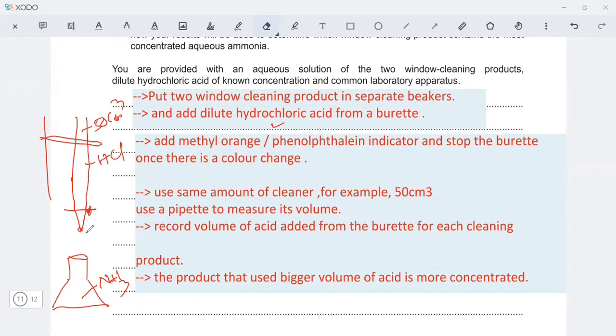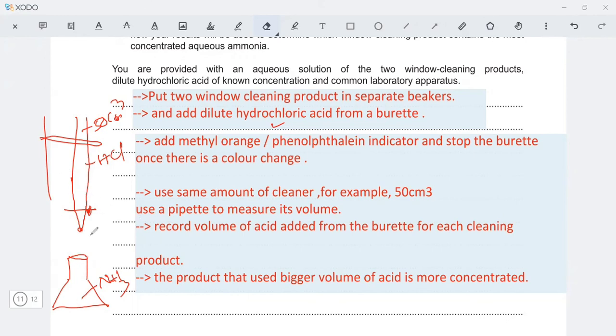Titration is meant for finding an unknown volume if you are given the known concentration, or an unknown concentration if you know the other concentration. One known concentration will be there and you are going to find the unknown concentration.